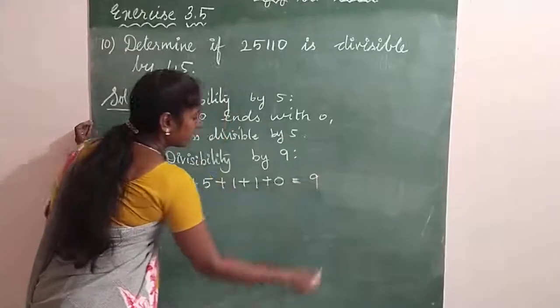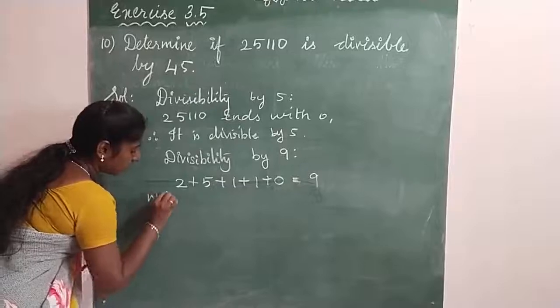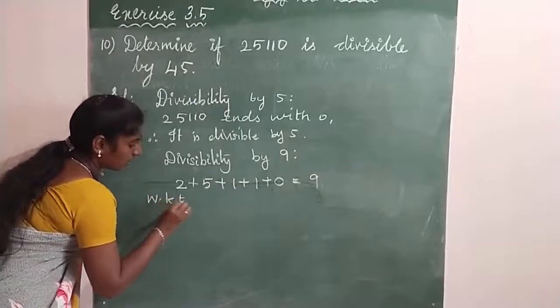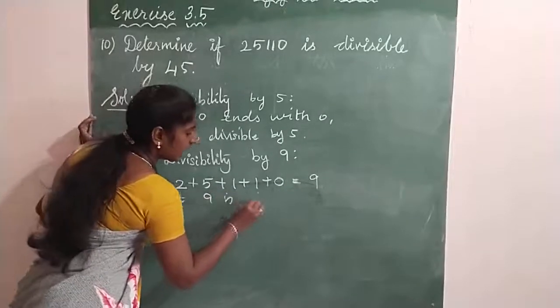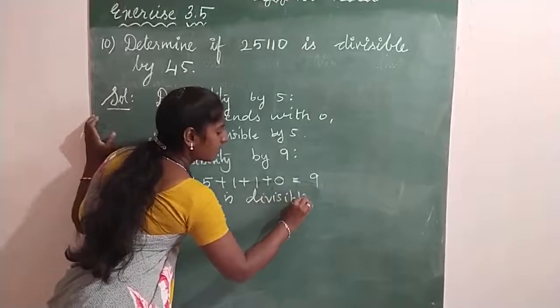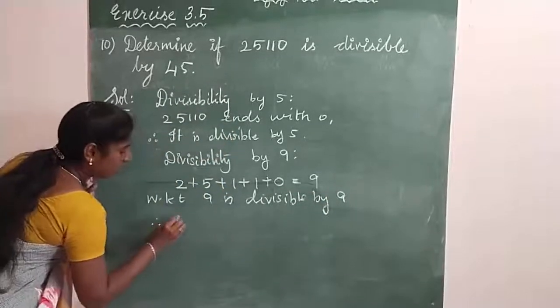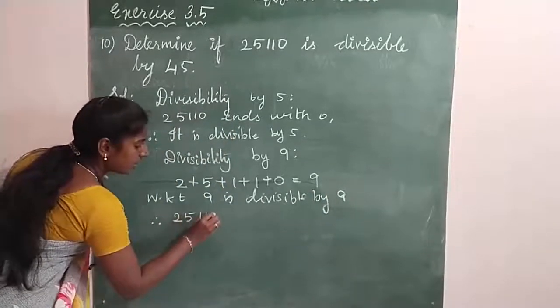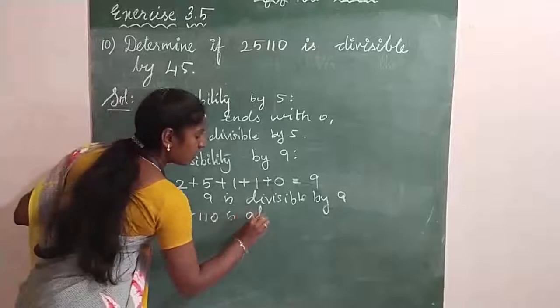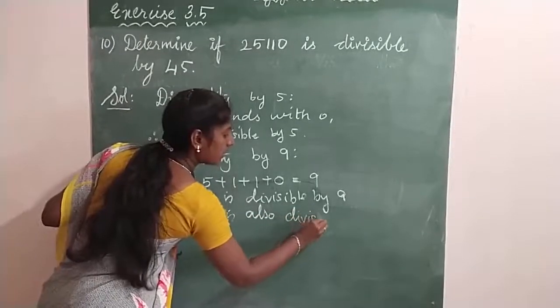Is it clear? Okay. So we know that 9 is divisible by 9, right? Therefore 25,110 is also divisible by 9. Is it clear?